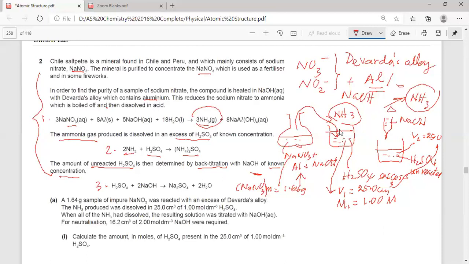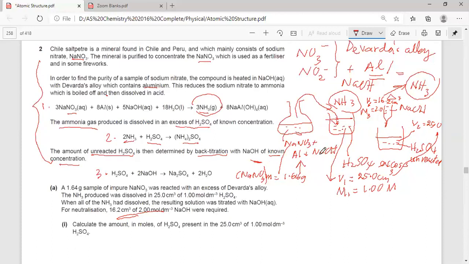This is V1, V2, and now V3. How much did I use for your NaOH? 16.2. I should have put more space. M3, the molarity, is 2.0 NaOH. Never mind. Now comes the calculation.